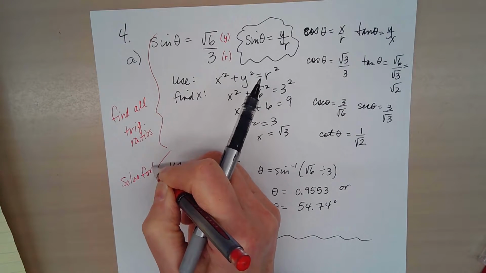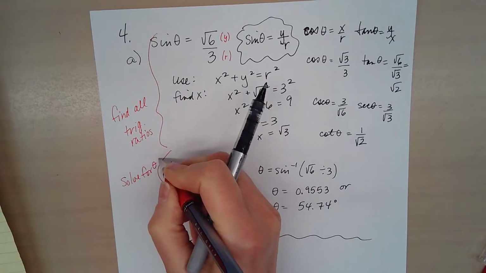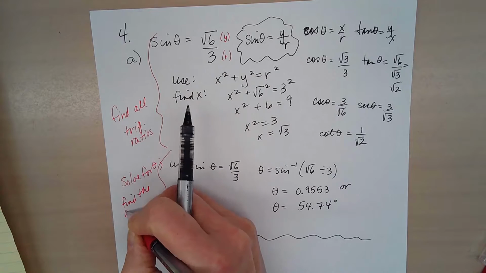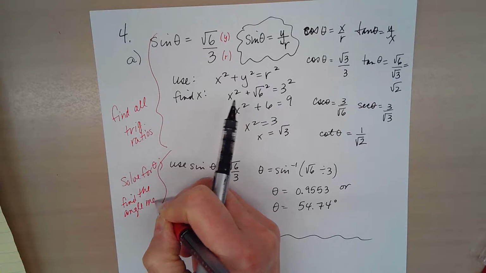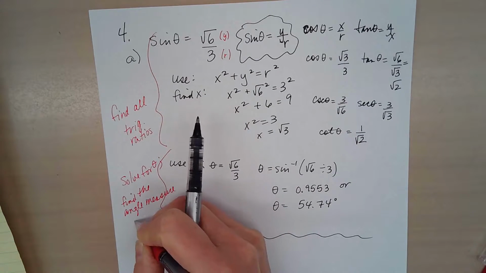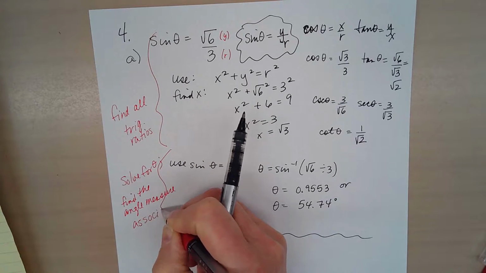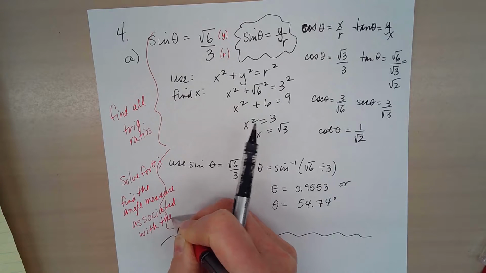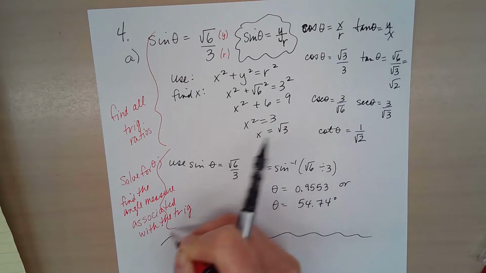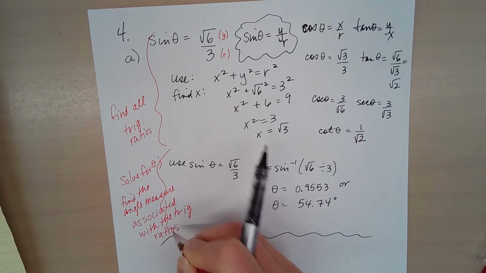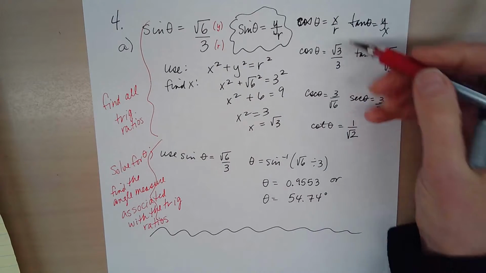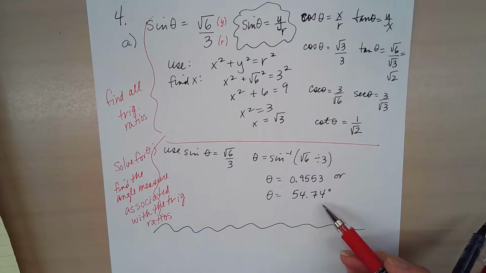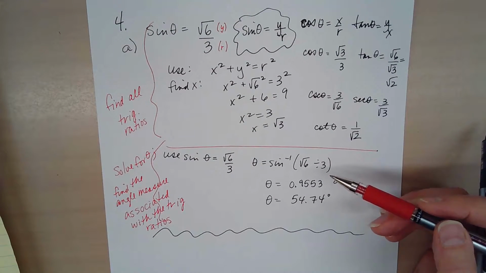Solve for theta, which basically means find the angle measure associated with the trig ratios. All right, so you found a complete set of ratios. That's what you did here. And then we found the angle associated with those trig ratios.